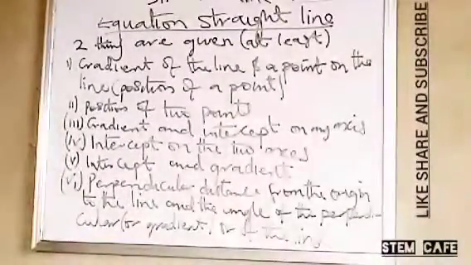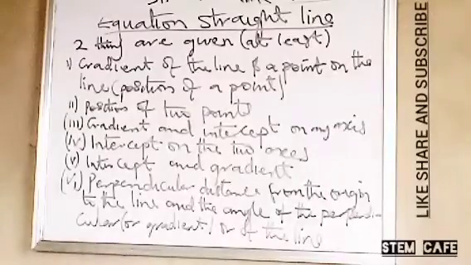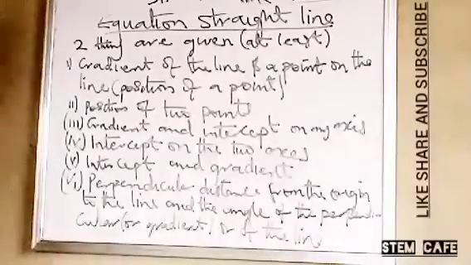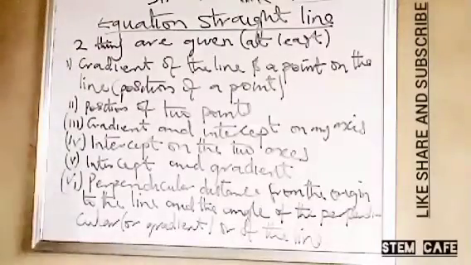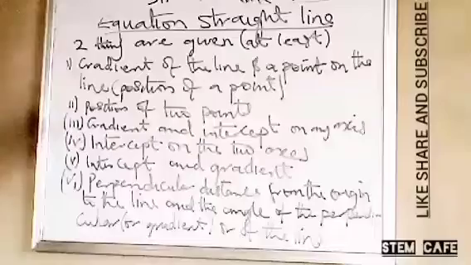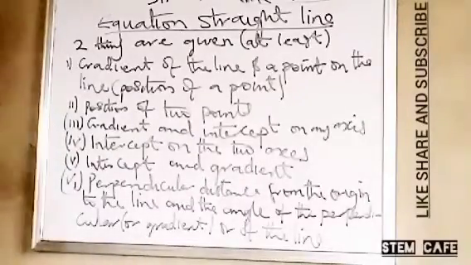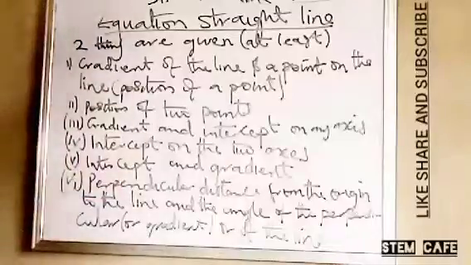Now, let's go to the equation of a straight line. That's what we have been trying to build on since. For you to get the equation of a straight line, at least 2 things will be given. 1, we can be given the gradient of the line and 1 point on the line, a position of a point on the line. Another thing we can be given is the position of 2 points.